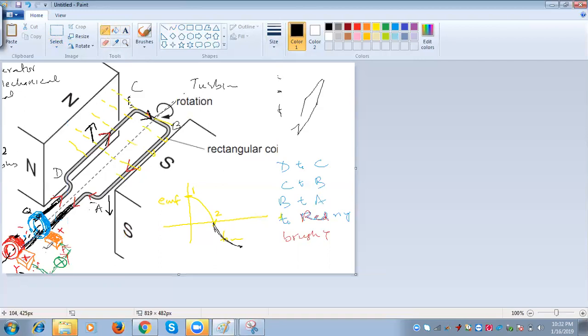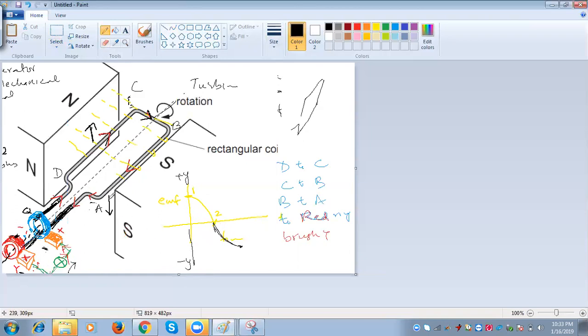So this has become negative, brush X. Now the direction of current through the bulb has reversed. So see, this path is in the opposite direction, negative y-axis. Okay, this is positive y-axis and this is negative y-axis.